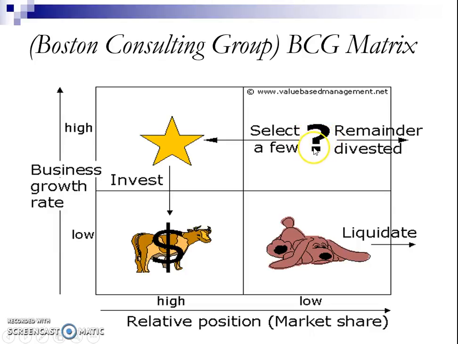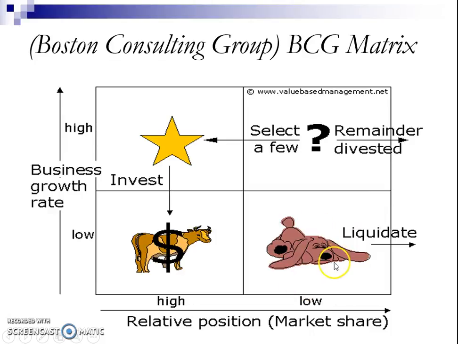So this is a caution stage where companies should focus their resources, select a few, and divest the remainder, as these products have the potential of becoming the stars of tomorrow, and these stars will eventually become the cash cows of the future.